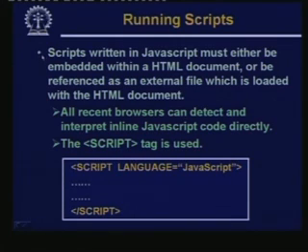The first thing is that there are two ways in which you can embed JavaScript code in HTML. The first alternative is that JavaScript code snippets are explicitly embedded in HTML, or you can refer to JavaScript as a link to an external file which will be loaded along with the HTML document.